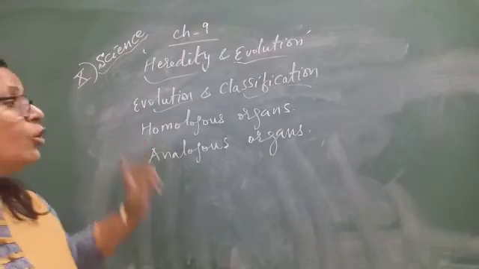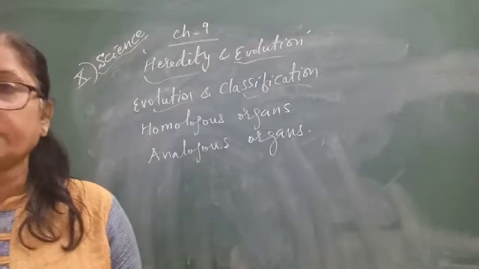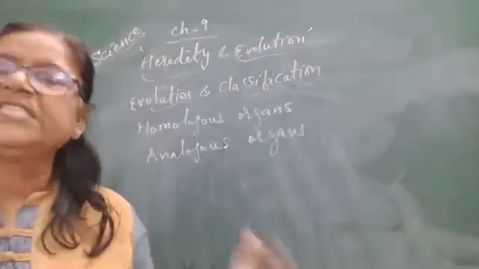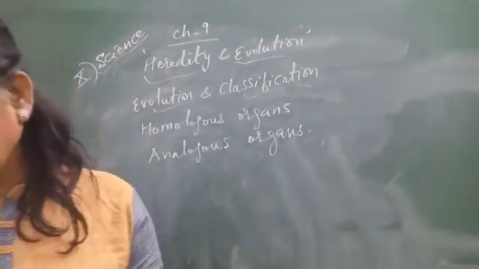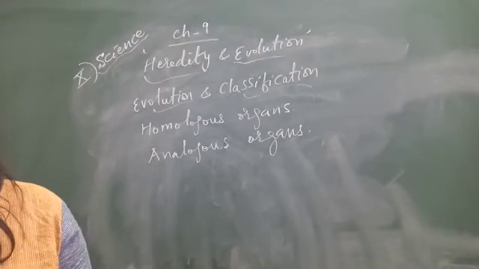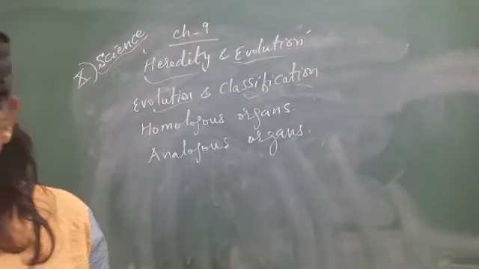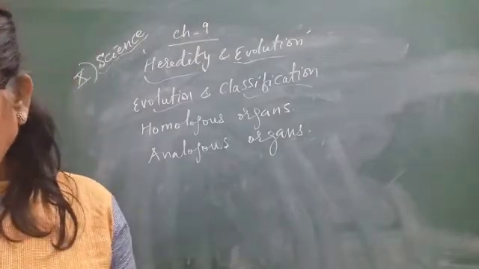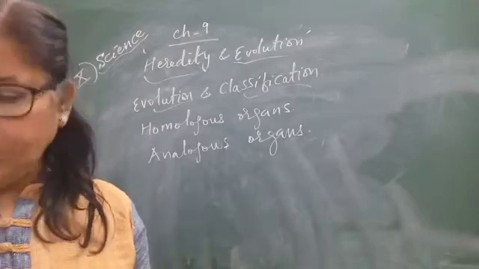Homologous organs are organs having the same structure but performing different functions. For example, the 4 limbs of the frog, lizard, birds and human beings are the same in structure but perform different functions.